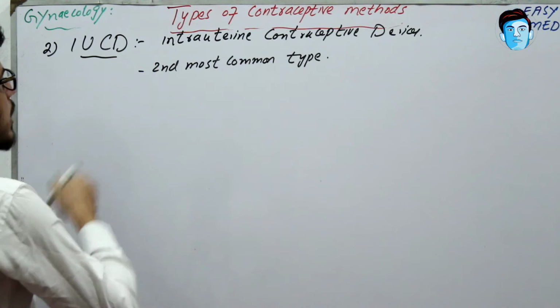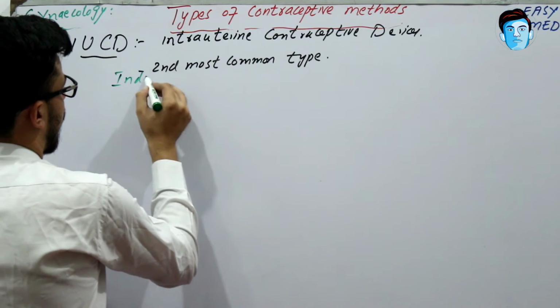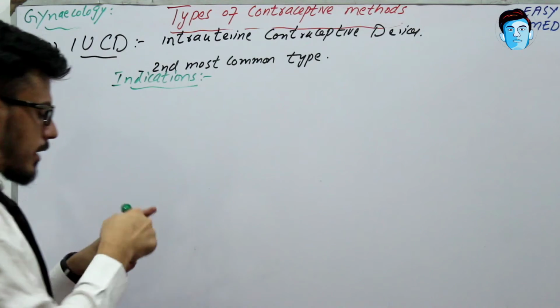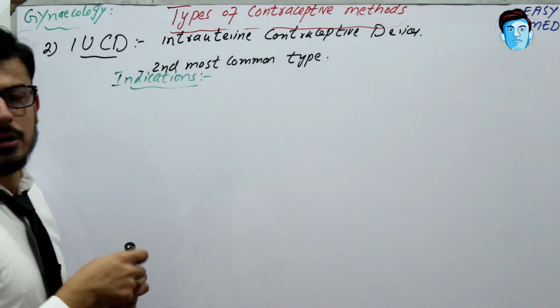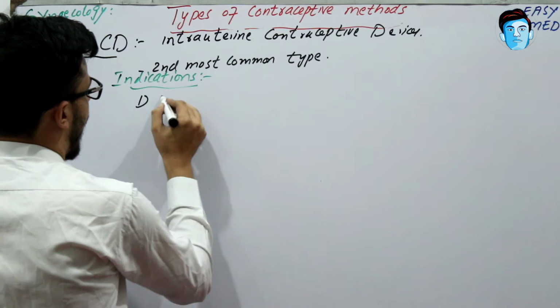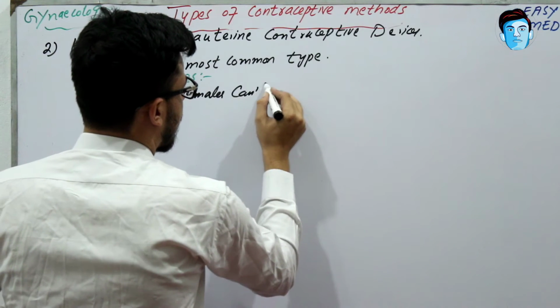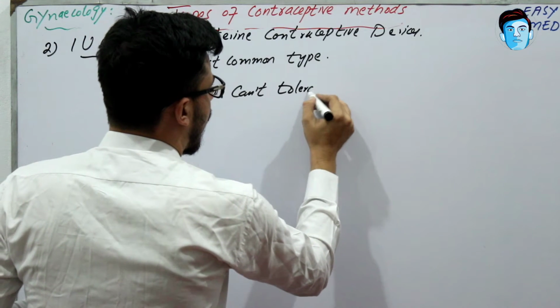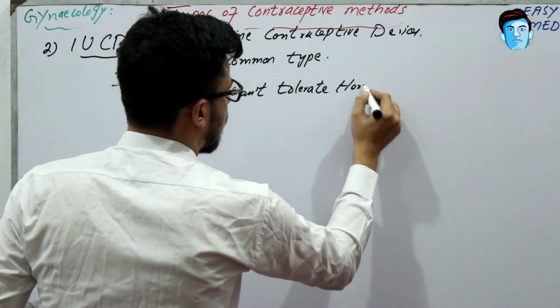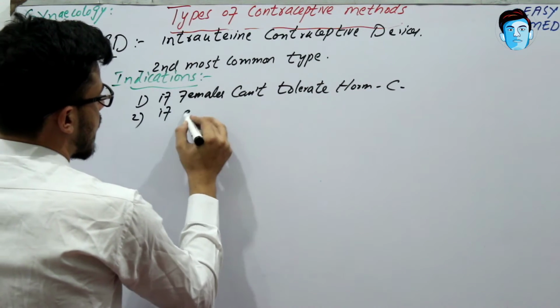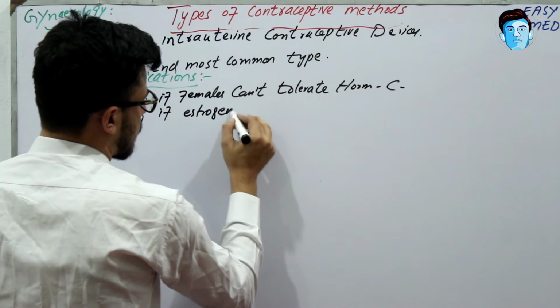Now what are the indications of IUCD? So the first is, if female can't tolerate hormonal contraceptive. The second is, if estrogen is contraindicated.